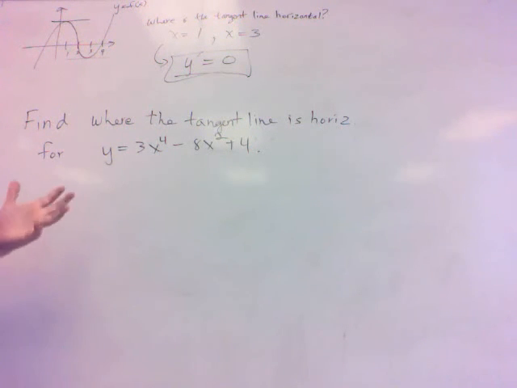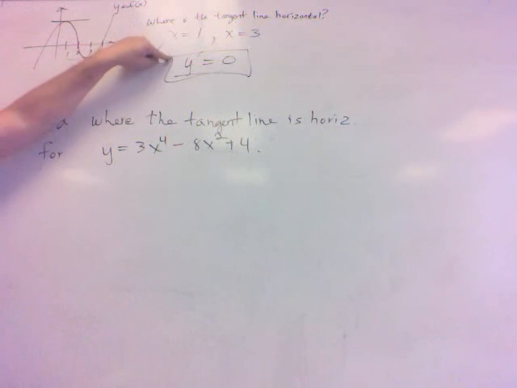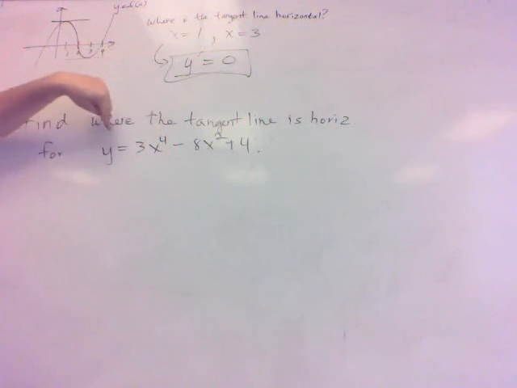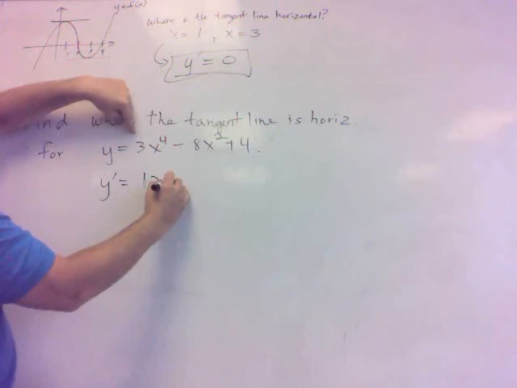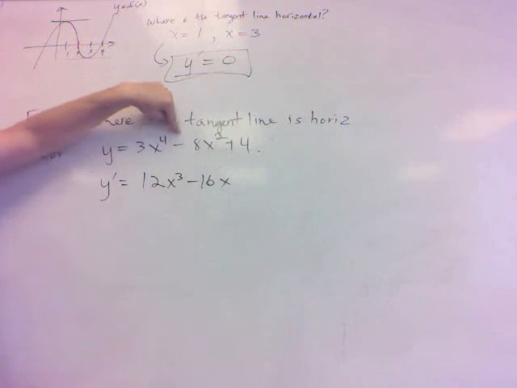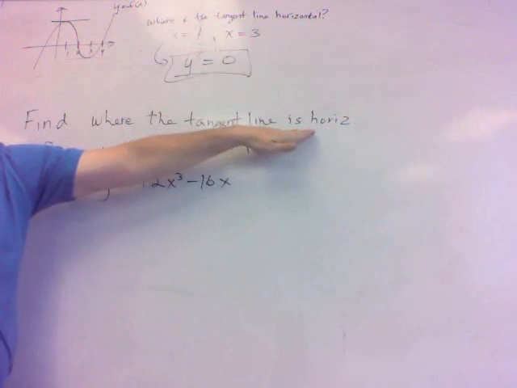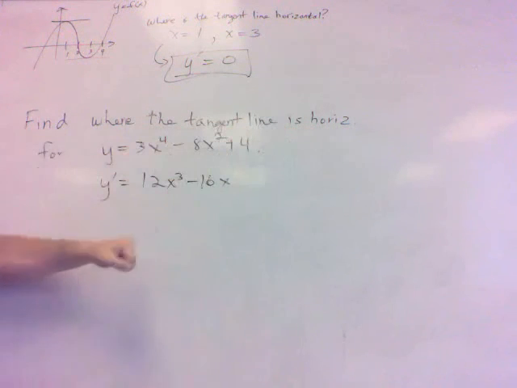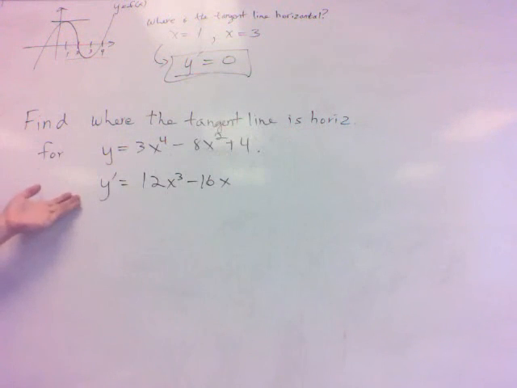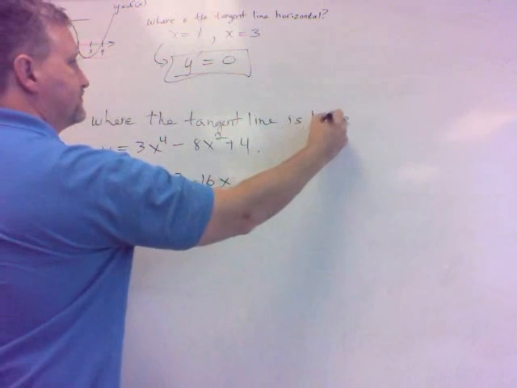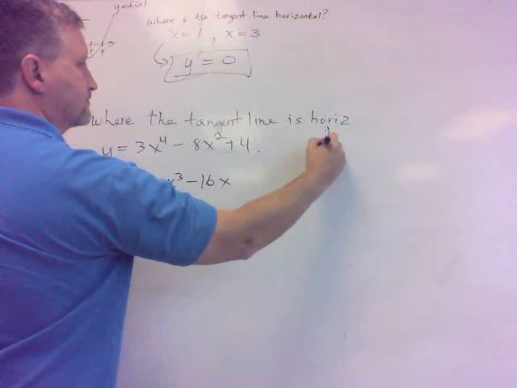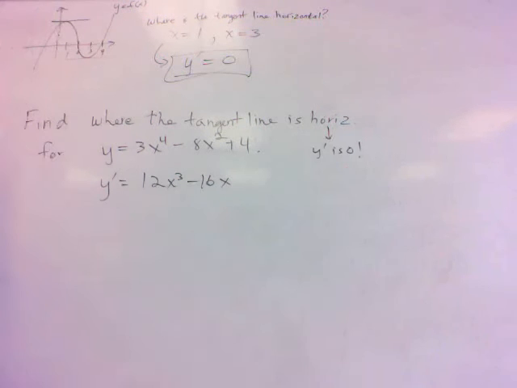Get my derivative, 12x cubed minus 16x. Since I want horizontal tangent lines, what do I do to my derivative? Set the derivative to 0, right?